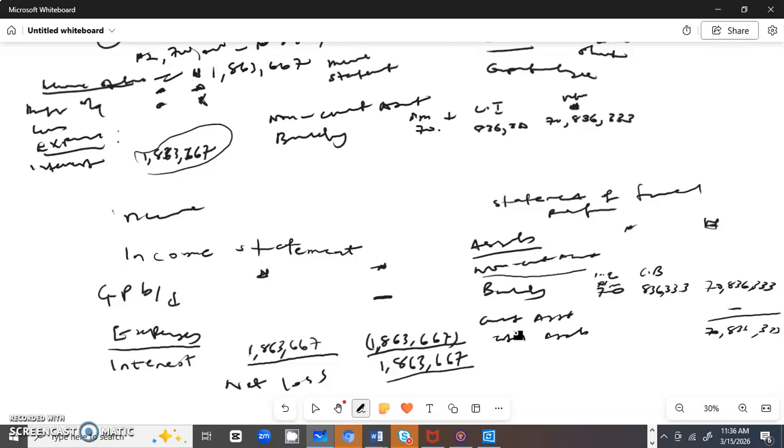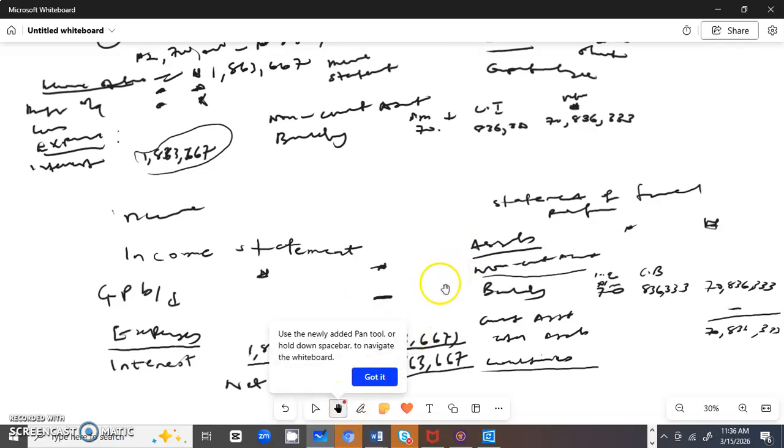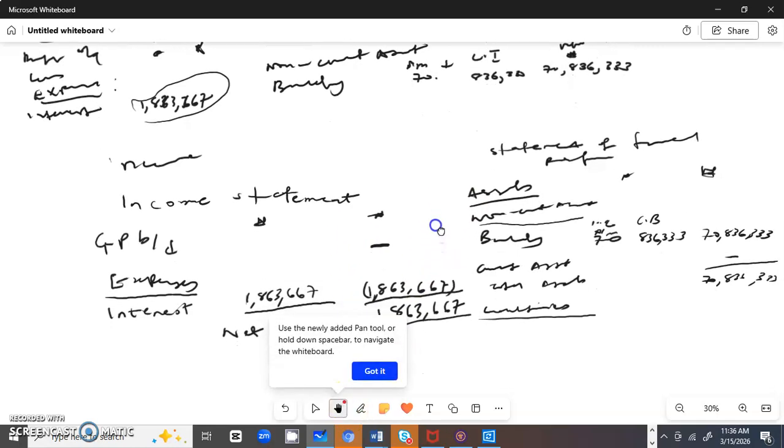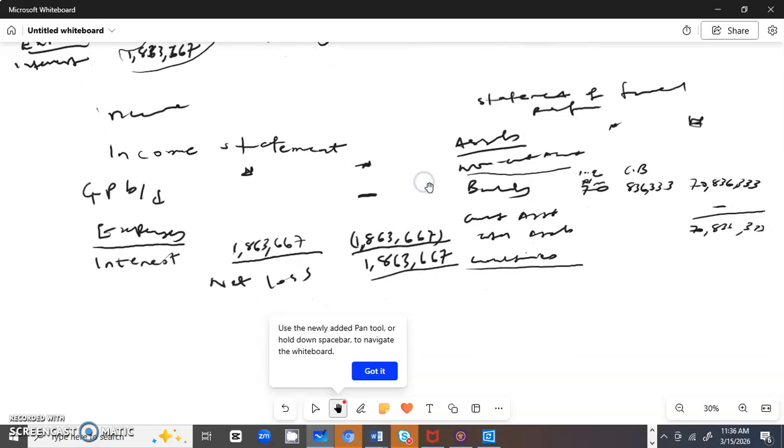Okay, so let us go to the liabilities now. For liabilities we have current liabilities.